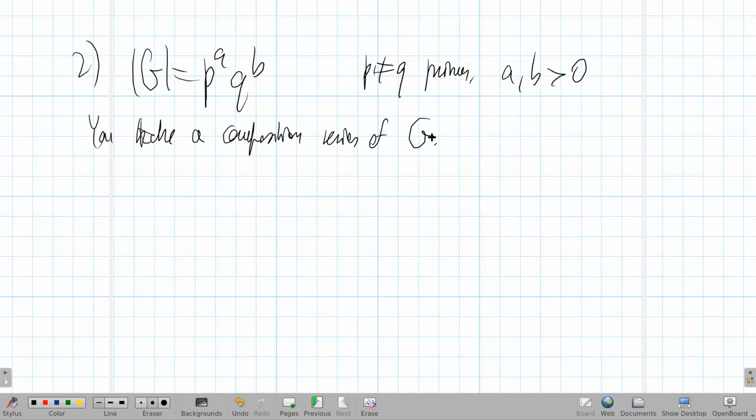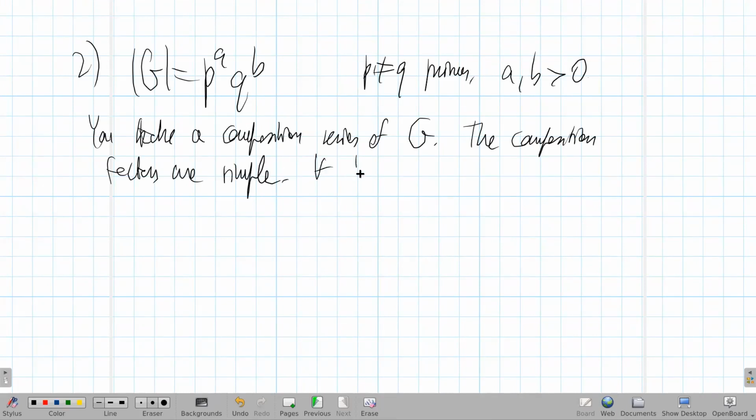If you take a composition series of G, the composition factors are simple. This is something we proved at the beginning of the course.